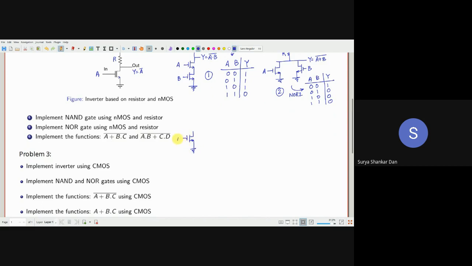This is your A. And the series will be the product. Again with the resistance. So I'll just put a resistance here. This is going to be your VDD, resistance R. This is going to be your Y equals A plus BC, with the whole bar.